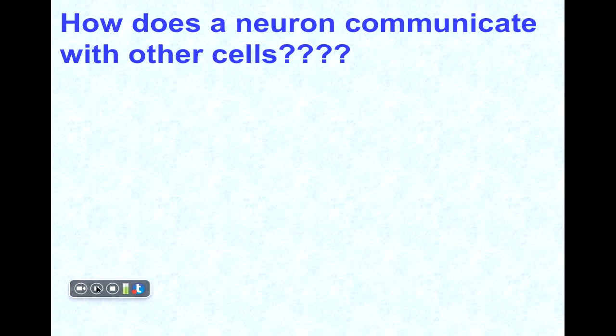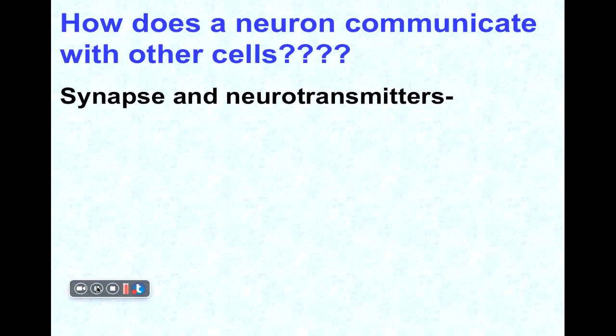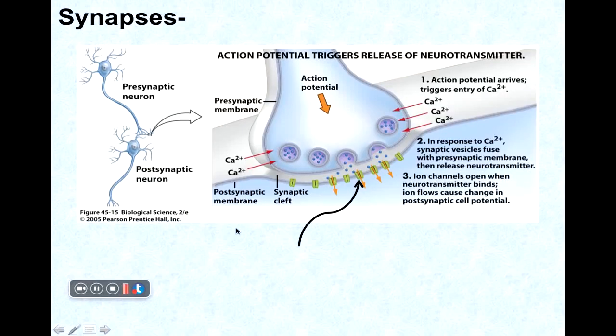So once that action potential reaches the end of a neuron, the terminal branches, how then does that neuron communicate with other cells? Well, now we can discuss synapses and the role of neurotransmitters. Imagine we have two cells communicating. Here we might talk about a presynaptic neuron generating an action potential, sending it down to the terminal branches, where it communicates with a postsynaptic neuron.